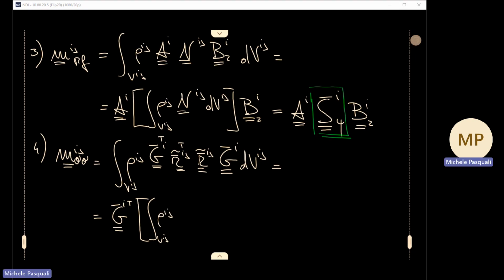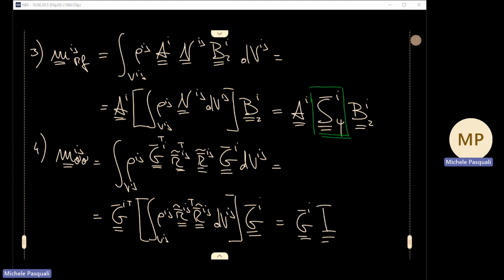So the density Ij. And typically we use the following notation. What is this vector here? I theta theta Ij.